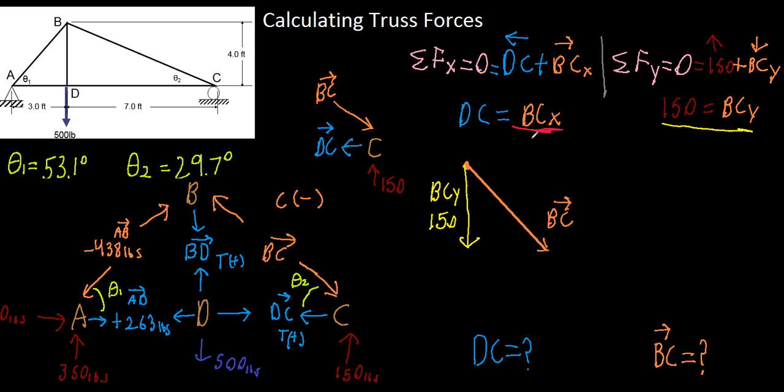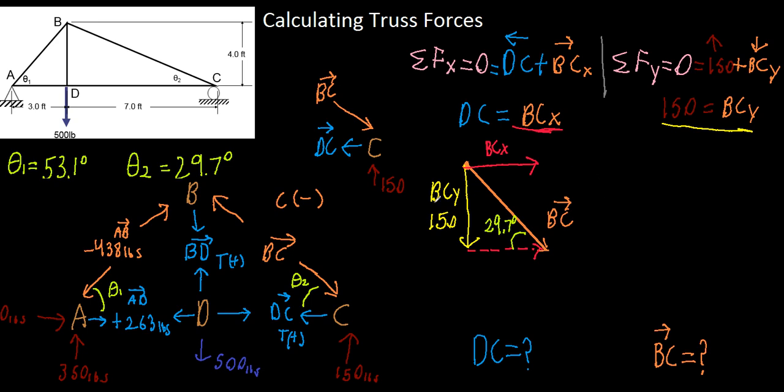And we also have an x component of our vector BC, BCX, which we don't know yet. But I can translate it down here to make our little imaginary triangle to picture what this is doing. And as you'll recall, we found this angle earlier, theta 2. We found it to be 29.7.